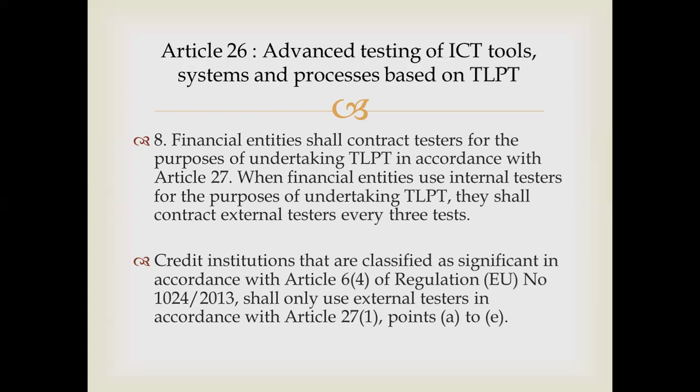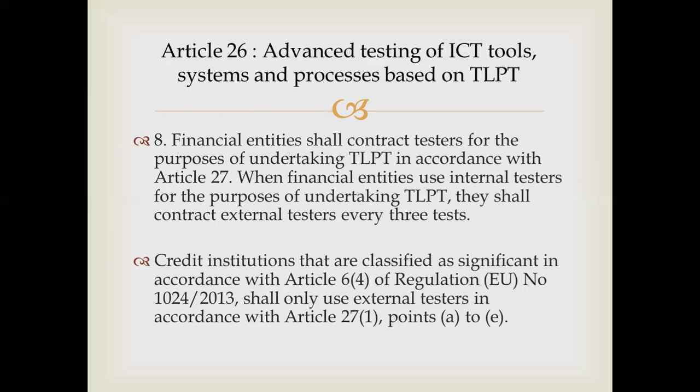External testers, of course, are more independent, basically because of normal reporting lines and things like that. We all know that. But the regulation is saying that it's okay if you want to use strictly internal testers. Use internal testers for your first test, your second test, but the third test, you cannot use internal testers.